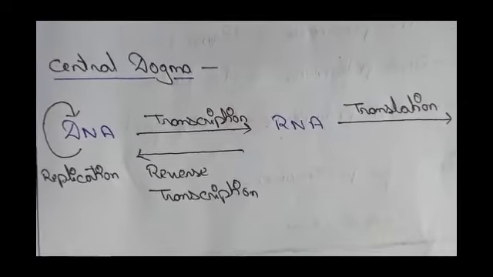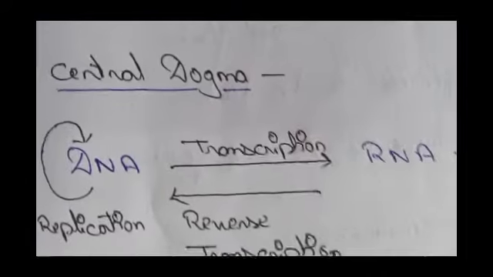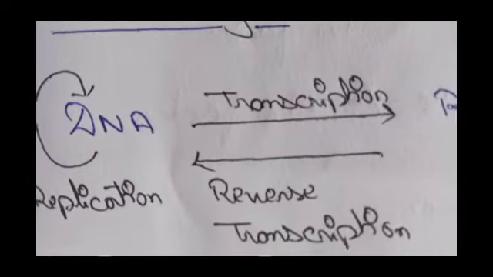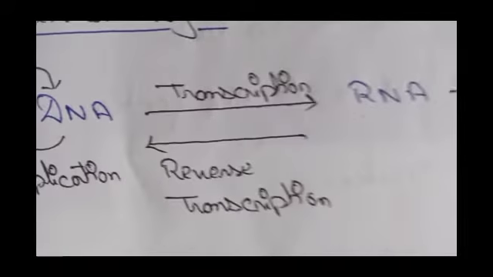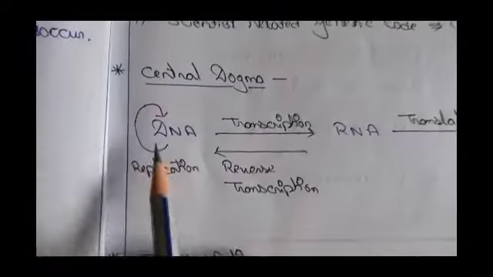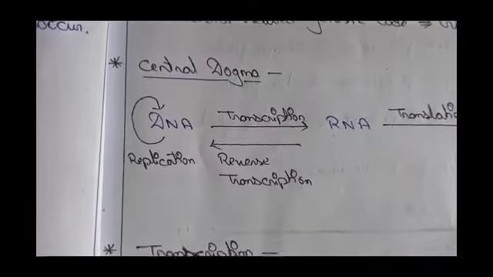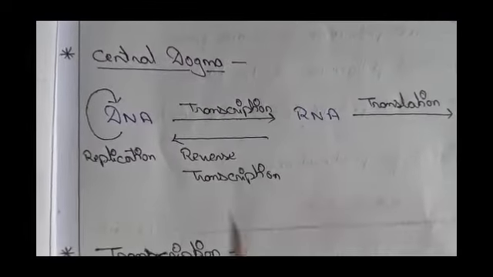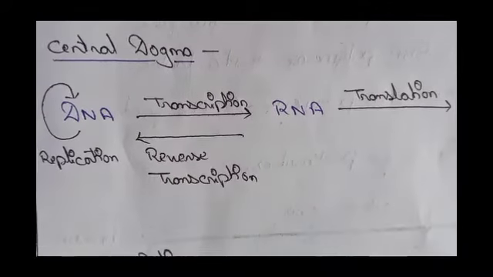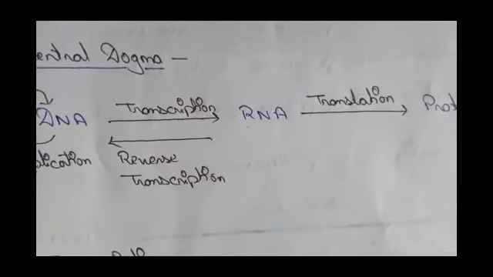so the next topic is central dogma. It is the most important topic from the point of view of NEET. Central dogma is the key point of molecular genetics. Okay, so in central dogma, when we transform DNA to RNA, we say that this is transcription. When we transform RNA to protein, we say translation.